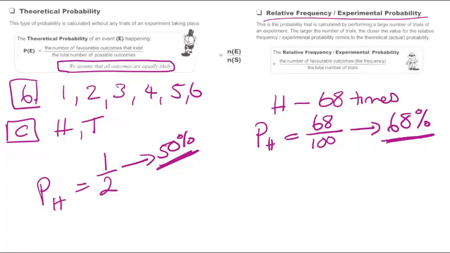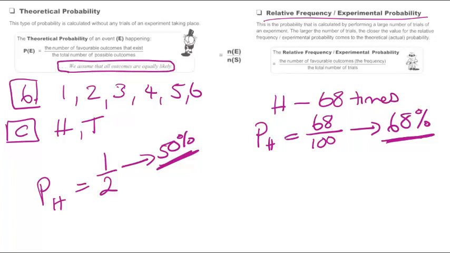The reason why they are different is because theoretical probability speaks of what could happen. Relative or experimental probability is based on past events. So yes, it's what could happen, but it's based on what has already happened.